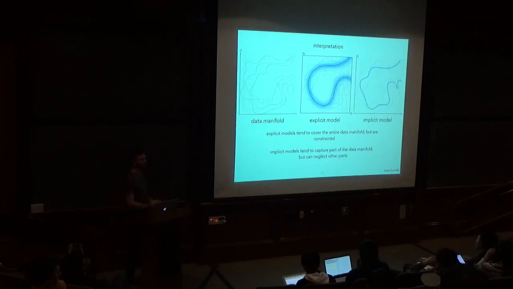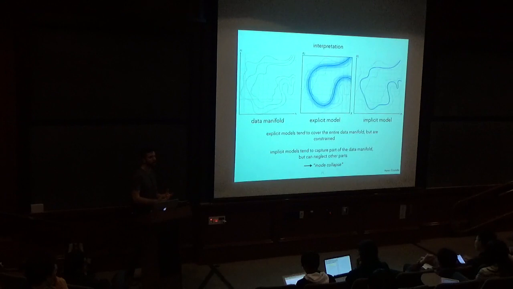Whereas these implicit models have a tendency to pick up on certain components of the manifold itself rather than exploring the entire manifold. This is generally referred to as mode collapse, where these implicit models can generate very plausible samples, but often they aren't exploring the entire space of the data distribution, but rather focusing just on certain aspects of it.